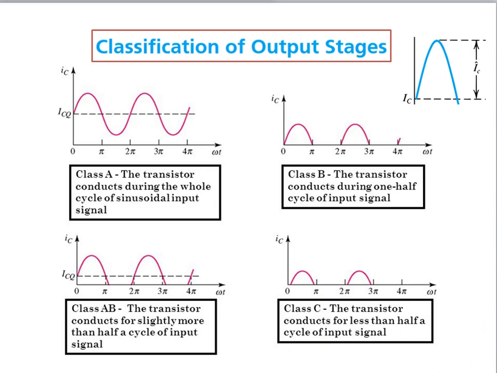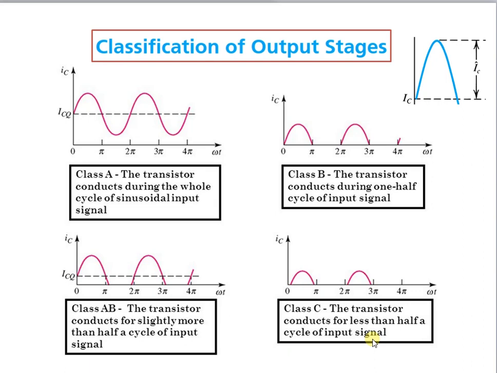Now coming to the last type of classification, that is class C, and here the transistor will conduct for less than half a cycle of the input signal. So here the transistor is biased below the cutoff and will operate in the active region, and current will flow only for the input voltage Vi which is greater than VBB plus the cut-in voltage of the base emitter junction.